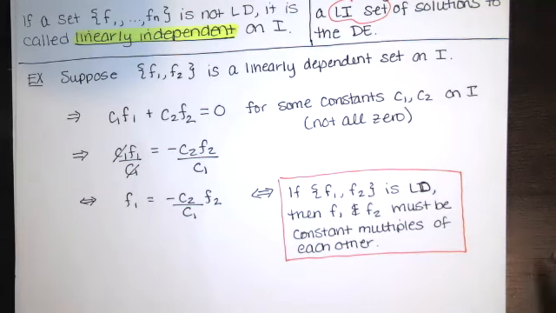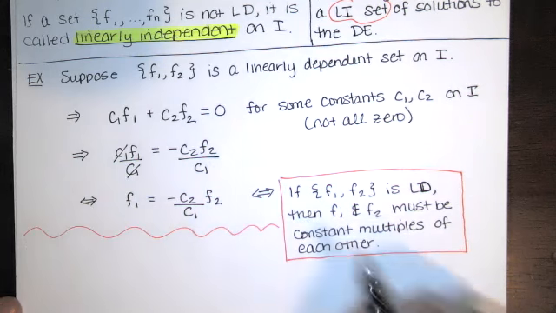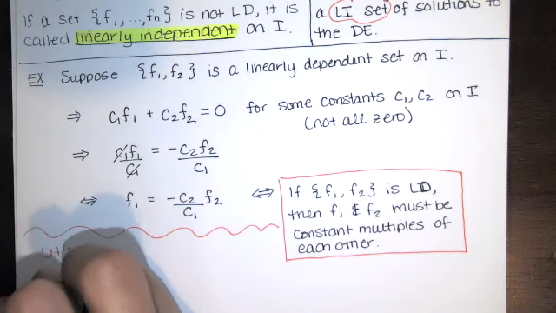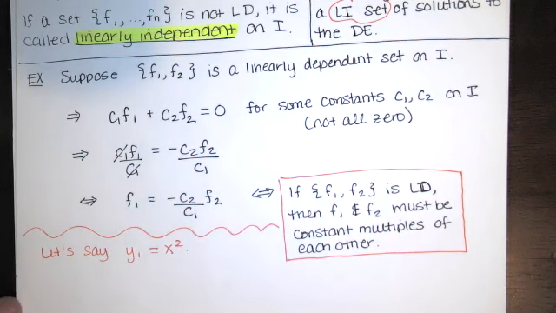And if you're saying to yourself, well, why is that a problem? Well, let's think about it. Let's say that we had, for a particular differential equation, a solution y1 equals x squared. And then you came along and I said, I'm looking for a second solution to the differential equation. And you said, oh, you know what will work? 5 times x squared.